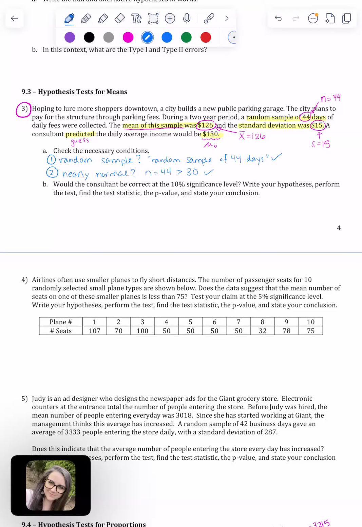All right, let's look at part B to run the actual test. The question reads, would the consultant be correct at the 10% significance level? And then it says to write our hypotheses, perform our test, find our test statistic, so that's t, our p-value, and then state your conclusion.